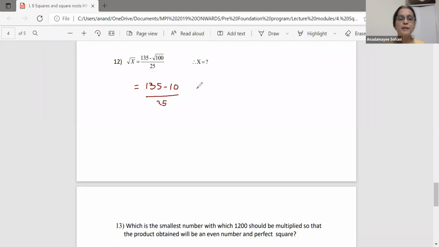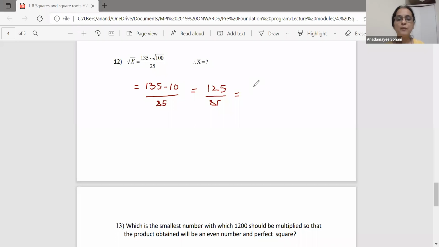So 135 minus 10 is what? 125. So 125 upon 25. That is 5.